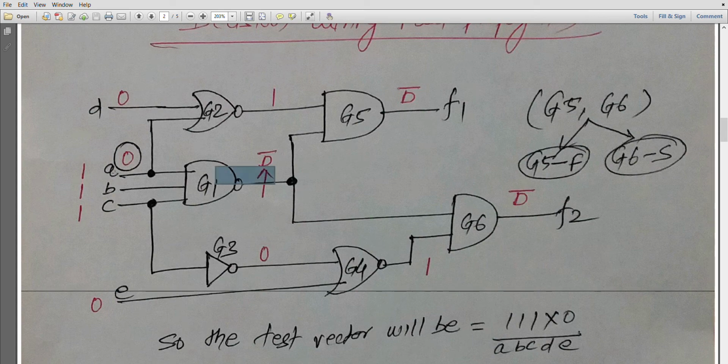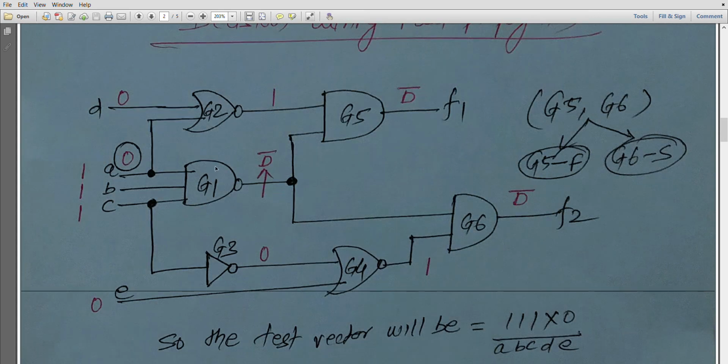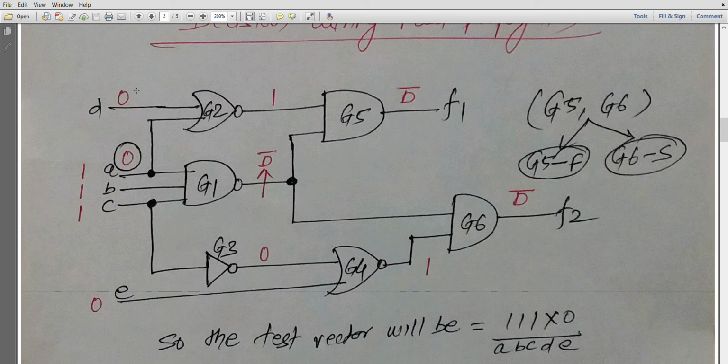All these three inputs are 1, and now we are talking about the inputs of this particular NOR gate. So if this particular logic has to be 1, what should be the logic of D and A connected to this particular gate? D has to be 0 and A will also have to be 0.